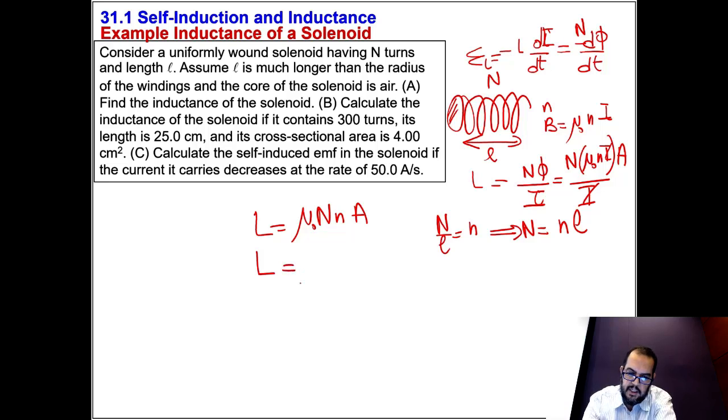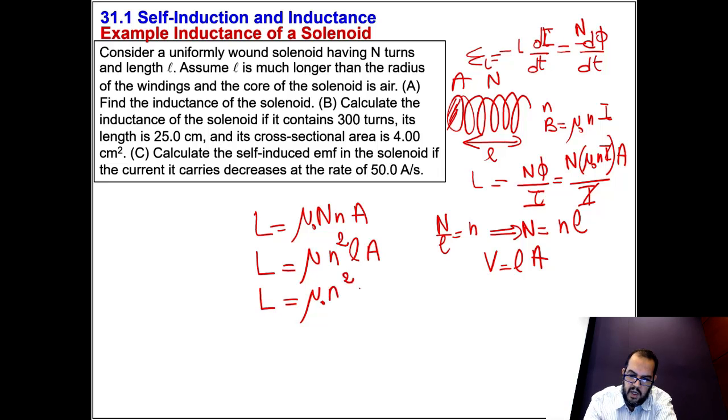The inductance is mu 0 times n L times n, which is n squared L, times A. Okay, so if the area is A and the length is L, the volume of the solenoid is equal to L times A. So I can write that the inductance is equal to mu 0 n squared times the volume. So this is the volume of the solenoid.